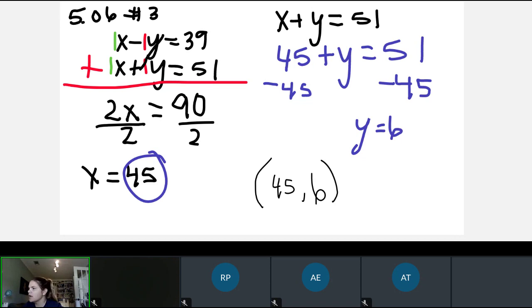All right, slide 4. Good. Perfect. Yep. Oh, okay.